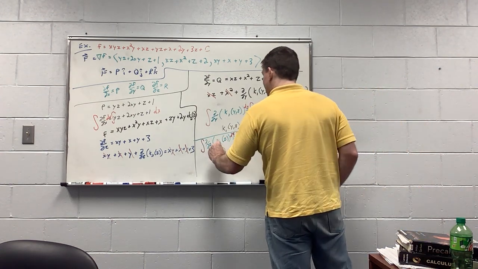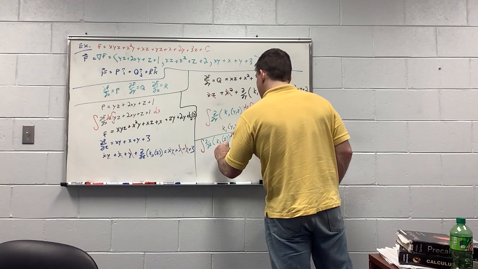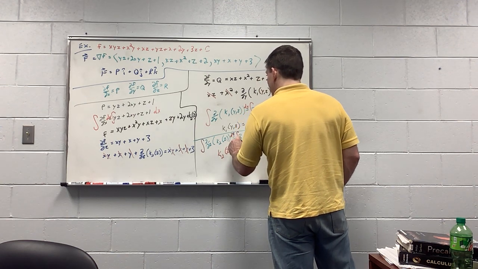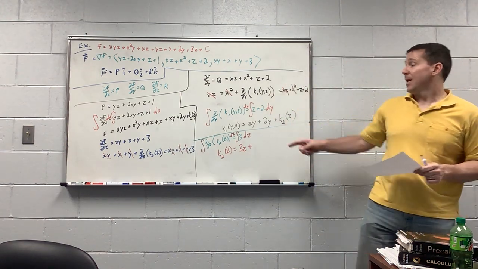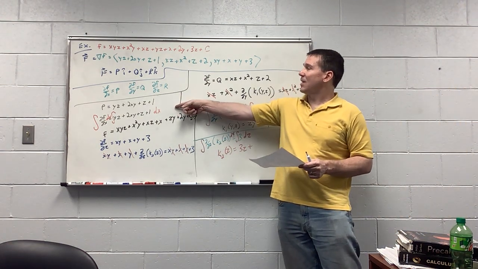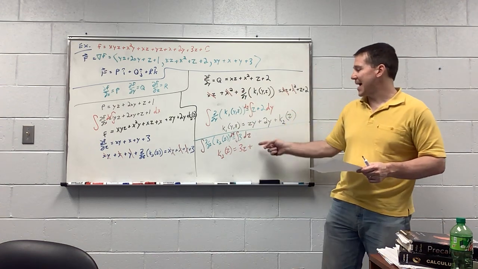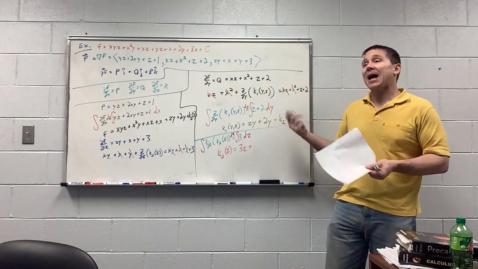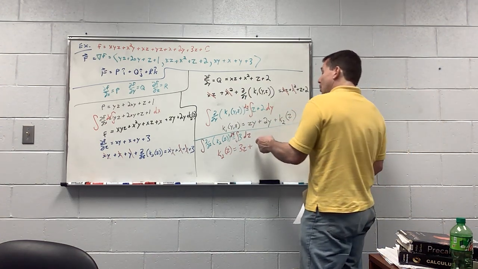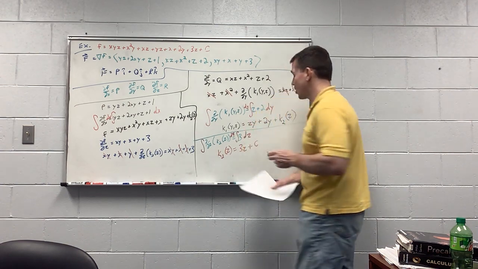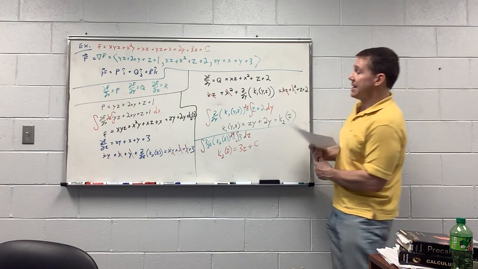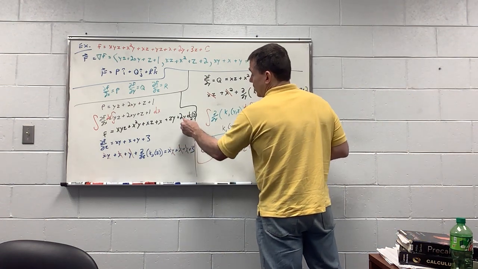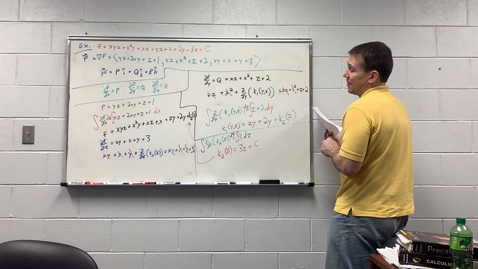Here, those cancel, and I get k sub 2 of z is equal to 3z plus, now, I've taken into account x and already dealt with that, y and dealt with that. Now this is z. I've accounted for all my variables, which means this is just a constant c. Now I can take this k sub 2 and stick it in right there.